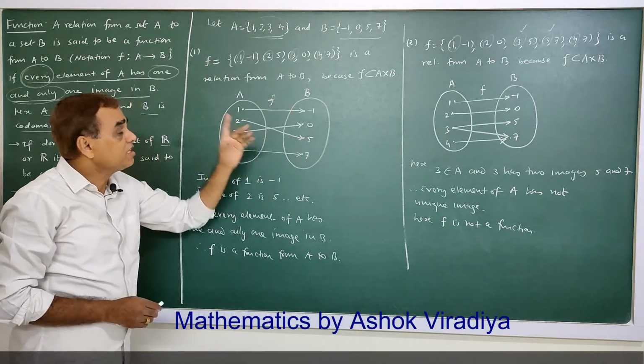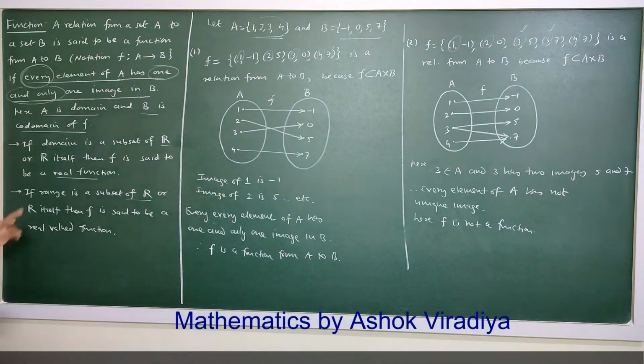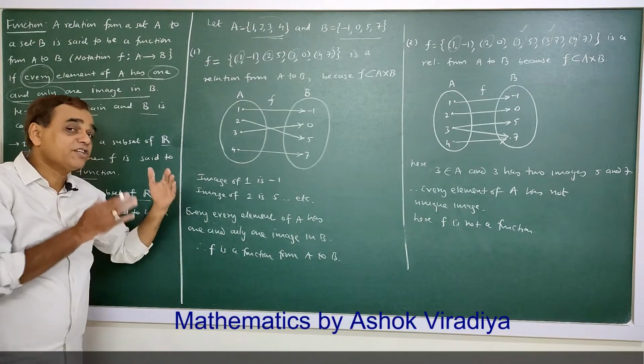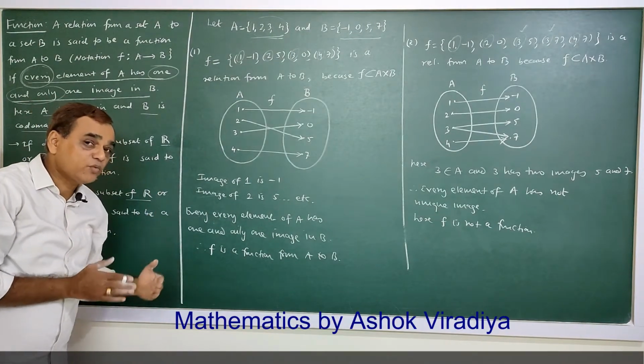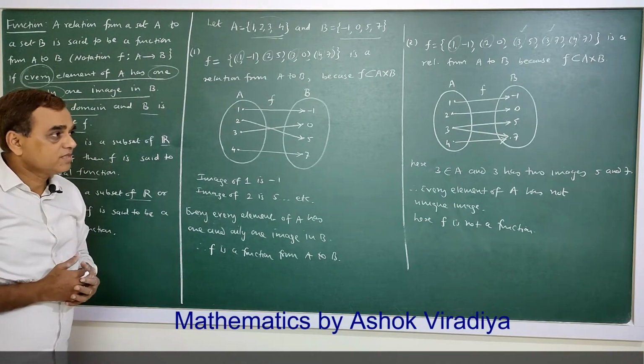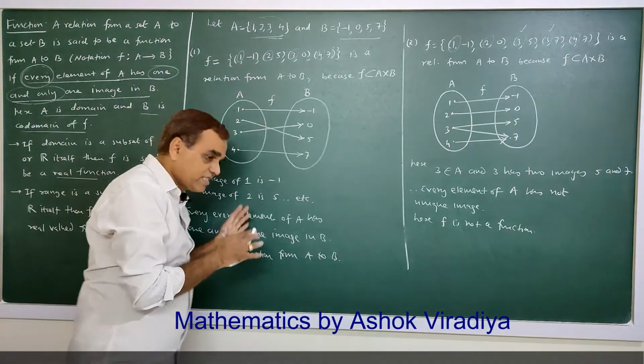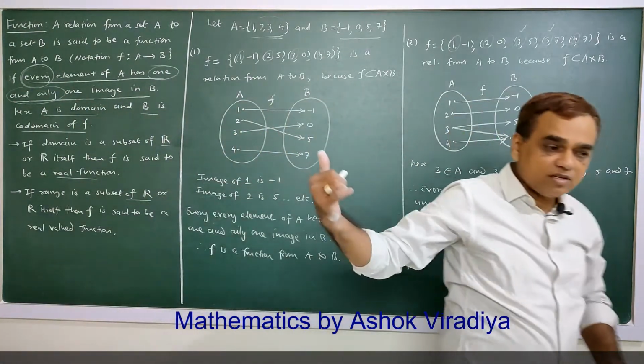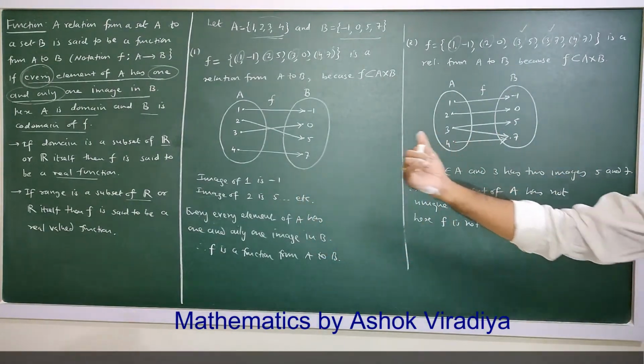So the range is a subset of R, so this is a real valued function. It's a real function as well as a real valued function. Now we take more examples to make it clearer.